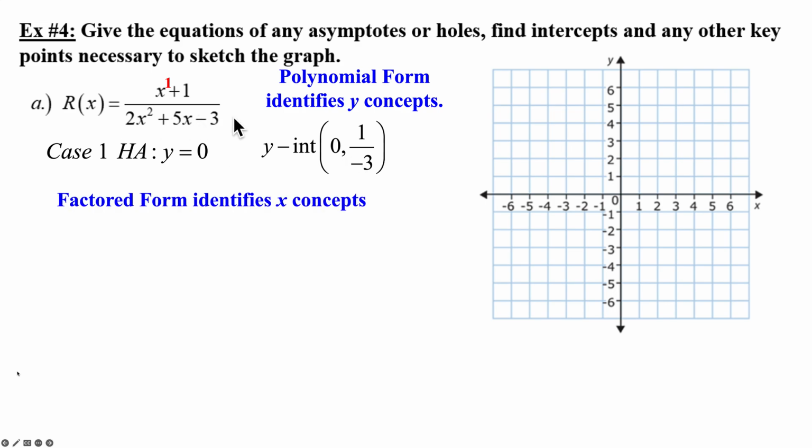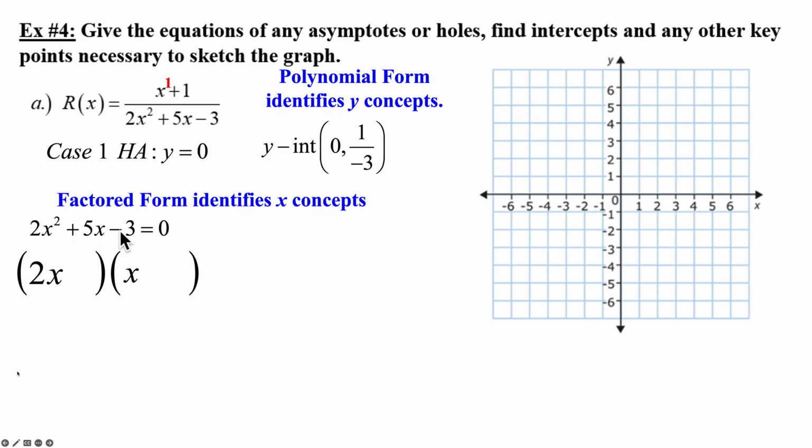Y's are done. Now you have to factor it. Well, the top's already factored. The bottom, we want to set that equal to 0, but we're going to factor it. So let's see, with 2x squared, I have to have a 2x and an x. With a minus 3, my only factors are 3 and 1, but I need for this to be a positive 5.